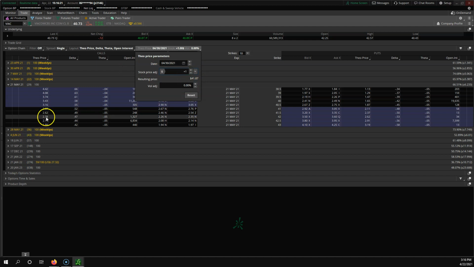And now when we come over here, by next Friday, what we paid $2.30 for is now worth $2.39. So the stock moved $1, but remember, we had 8 days of time decay that hurt us, but we also had a move in our direction with a delta of, we'll say, 47. So net we're going to make about 9 cents on this trade.